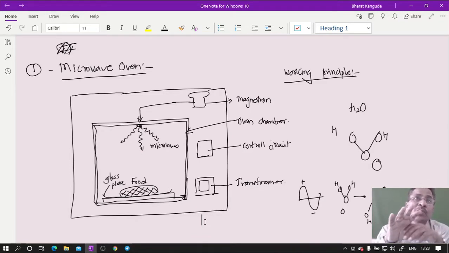So the cooking process of the microwave oven is volumetric cooking, whereas in conventional cooking, as when we cook material on a gas stove in water or otherwise, the vessel absorbs the heat and the heat is then given to the food item. That is called surface cooking, whereas in the microwave it is called volumetric cooking.